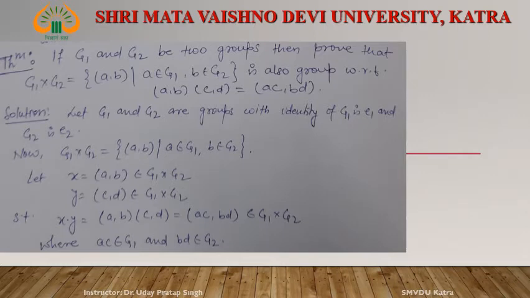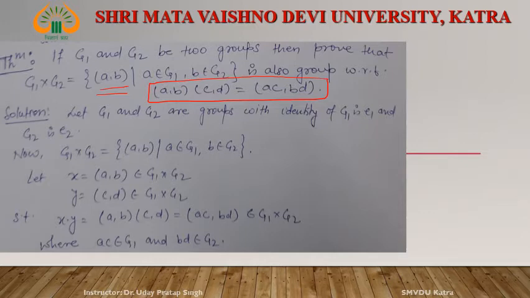See, if G1 and G2 are two groups, then we have to prove that G1 cross G2, which is as follows, G1 cross G2 is the set of ordered pairs (A, B) where A belongs to G1 and B belongs to G2, is a group with respect to the operation defined by this, right?